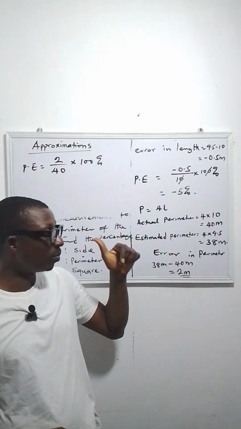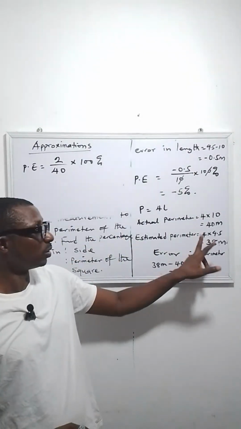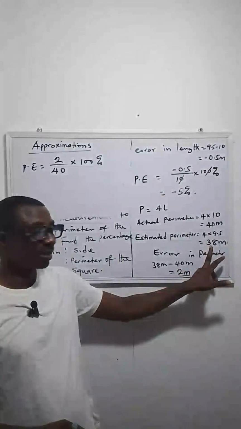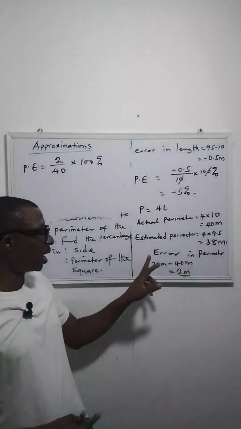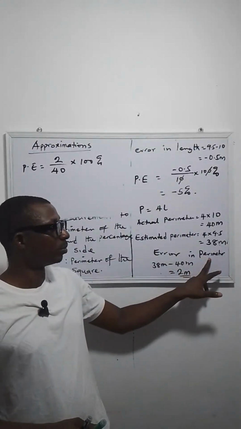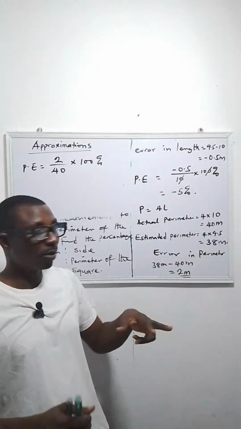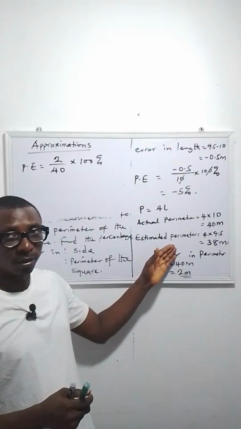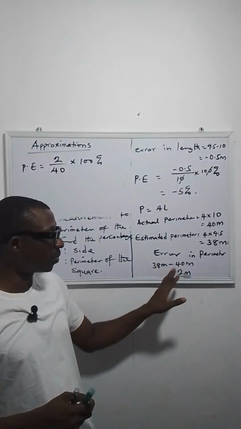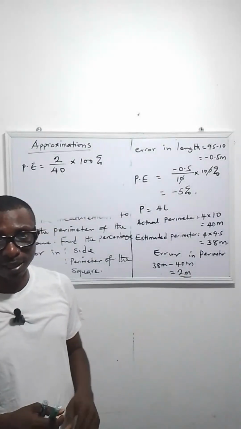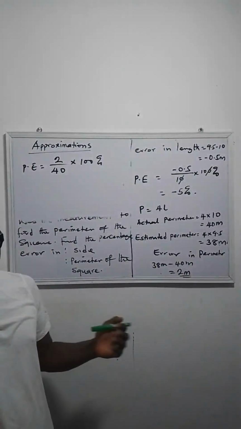That was the measurement taken by the student. So times 4, that is 38, right? Meters. Okay. So now error in perimeter, that is the error made by the student in calculating the perimeter of the square. So it's going to be 38 minus 40. That is 2, or we say negative 2.